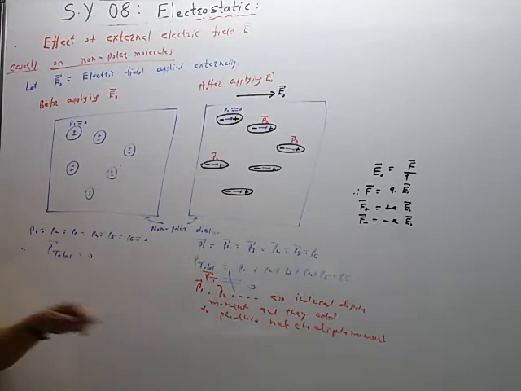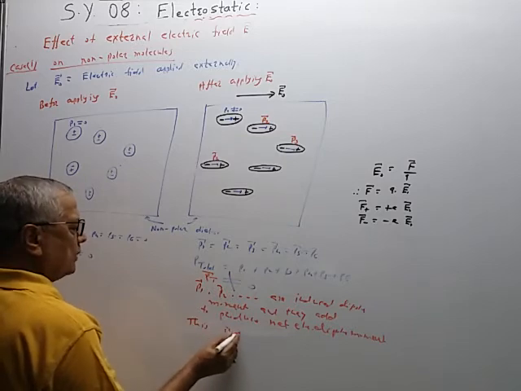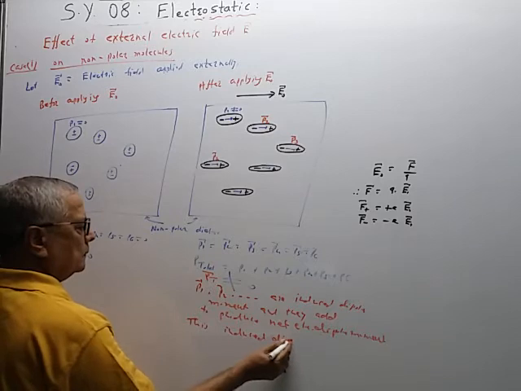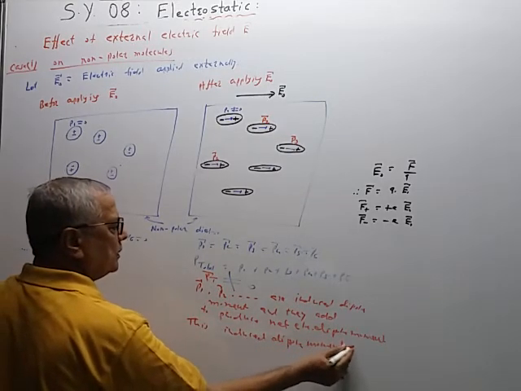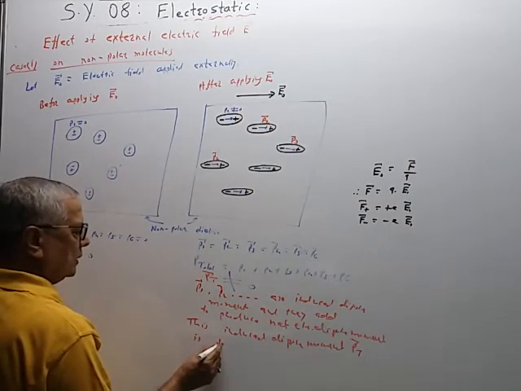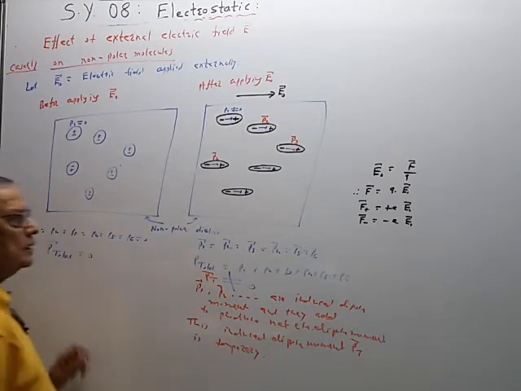So the substance has zero dipole moment without the field, and possesses a net dipole moment in the presence of the field. This induced dipole moment P total is temporary, as long as the electric field is applied.